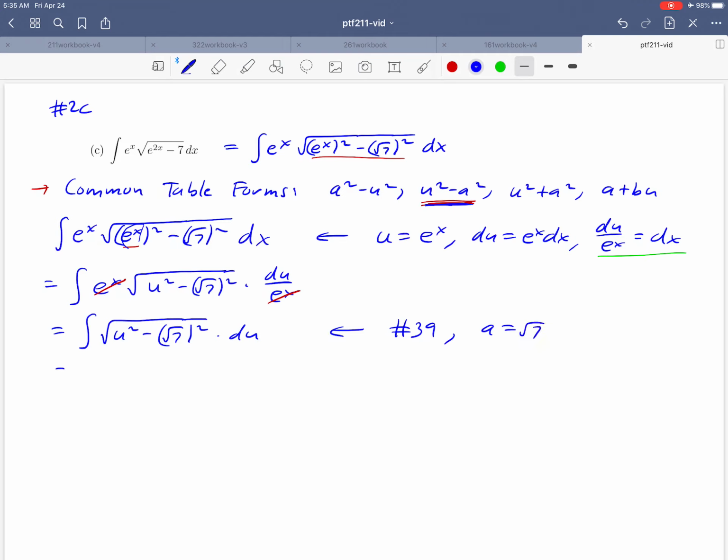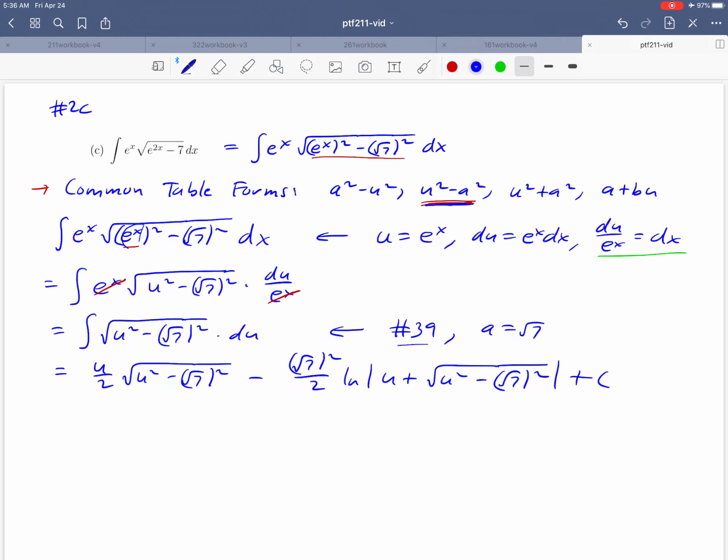The next thing I'm going to write here is literally what formula 39 tells us. It tells us that an antiderivative for this function looks like u over 2 times the square root of u squared minus a squared, minus a squared over 2 times the natural log of the absolute value of u plus the square root of u squared minus a squared, all of that plus c.